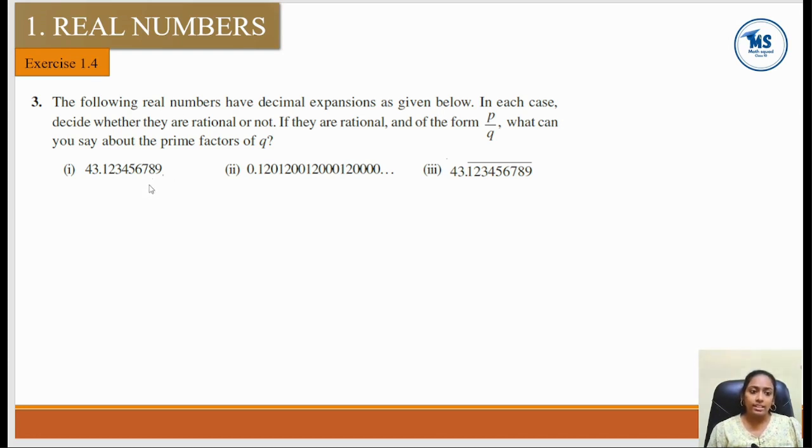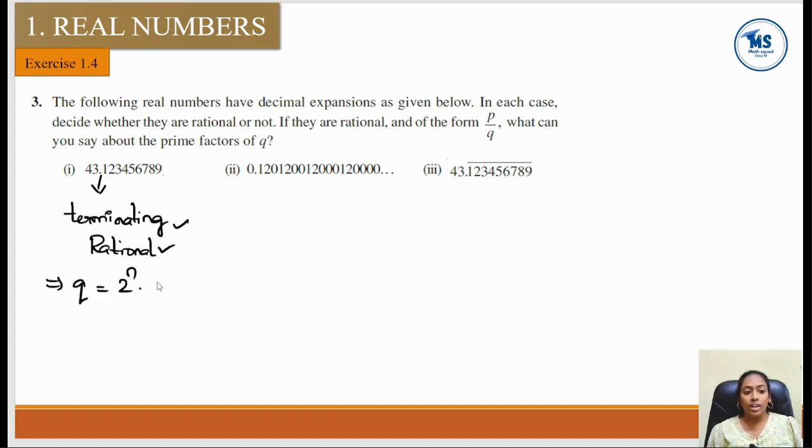First question is 43.1234567. Clearly this is a terminating decimal expansion. If a decimal expansion is terminating or non-terminating repeating, it is clearly a rational number. So it is a rational number and it is terminating, which implies q will be in the form of 2 power n into 5 power m by the theorem.